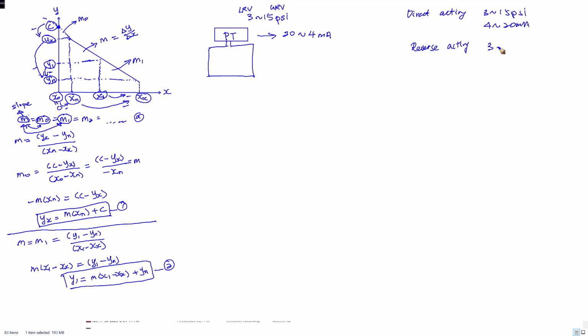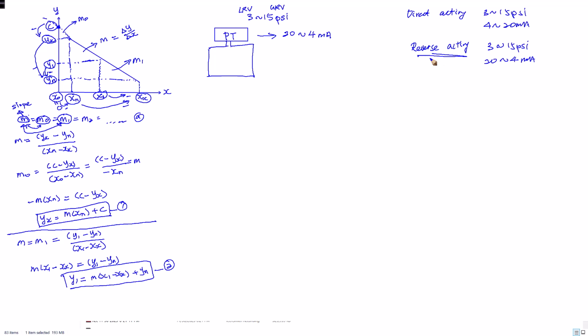For example, for a 3 to 15 psi instrument, it will be configured as 20 to 4 milliamp, meaning 3 psi will correspond to 20 milliamp, while 15 psi will correspond to 4 milliamp. For today's video, we are referring to this reverse acting.